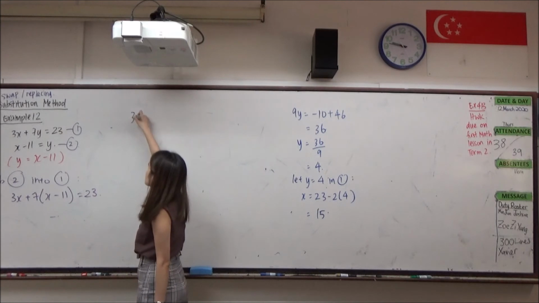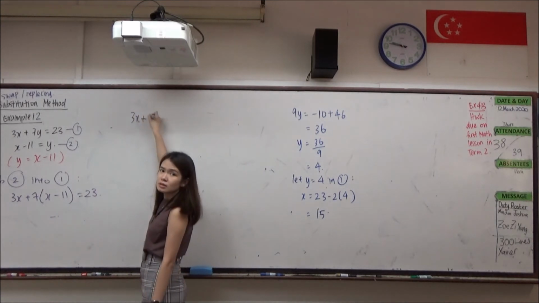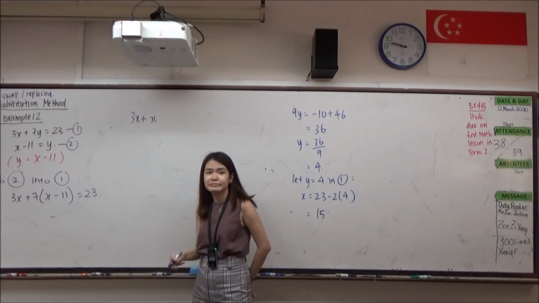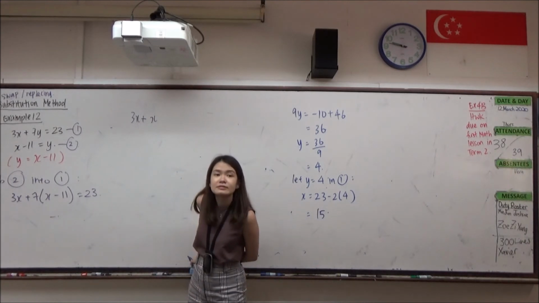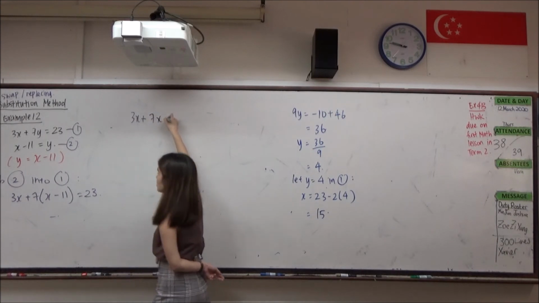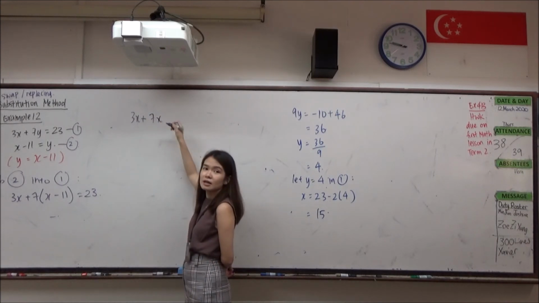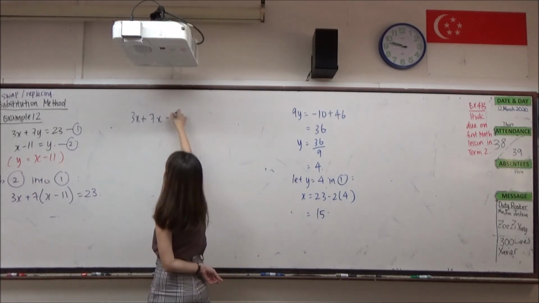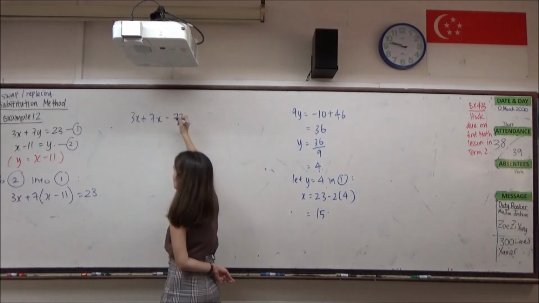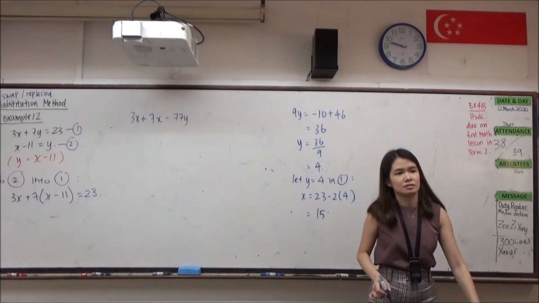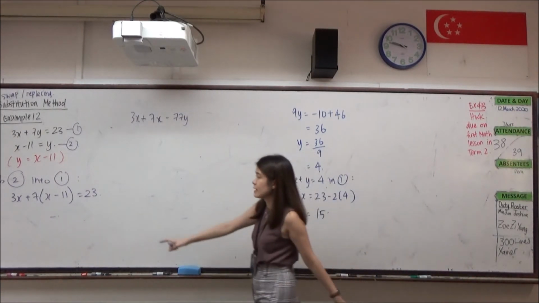3x plus 7x, minus 77. Is there y? We are expanding this, right?